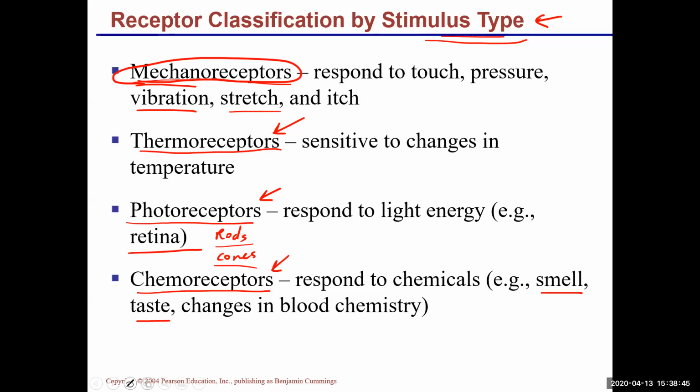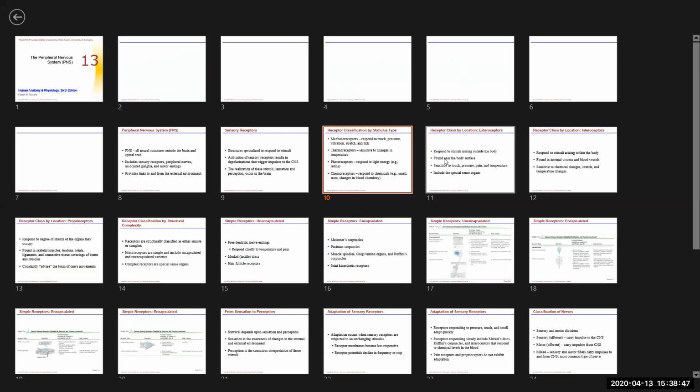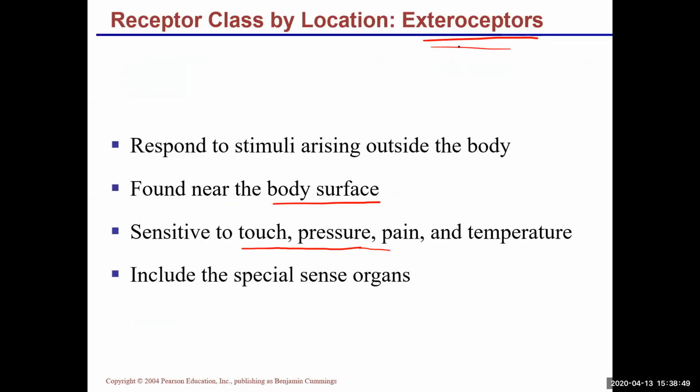Now you can go ahead and take a look at it. You're having an ice cream. Do you think this is exteroceptors or interoceptors? I would say it's mostly exteroceptors because the thermoreceptors on the surface of your tongue are detecting the temperature.